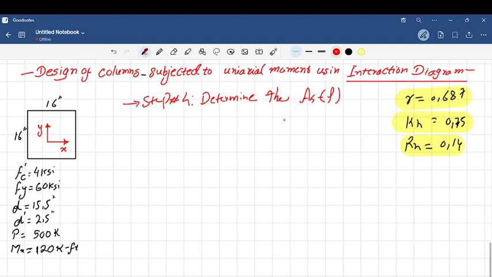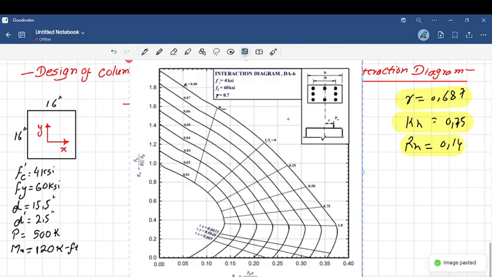So let's see the interaction diagram. I have a gamma value of 0.687. Now what we do in practice is interpolate this value based on the 0.7 graph and the interaction diagram that has a lower gamma, and determine the exact value of steel percentage.